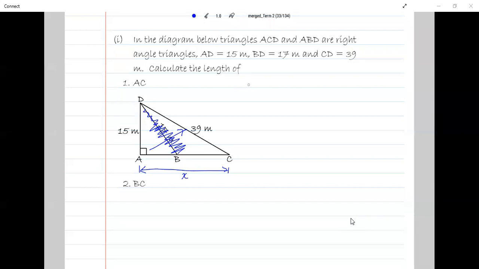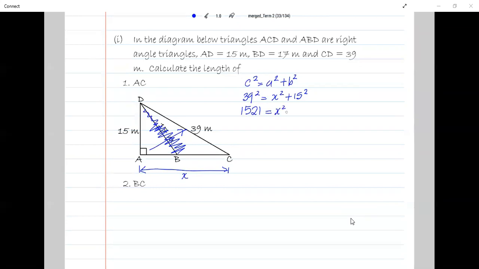So if I know two sides of a right angle triangle and I wish to find the length of the third side, I will use Pythagoras Theorem, which is C squared is equal to A squared plus B squared. In the Pythagoras Theorem formula, C is the hypotenuse and A and B are the other two sides. So this is 39 squared is equal to X squared plus 15 squared. 39 squared, using my calculator, is 1,521.